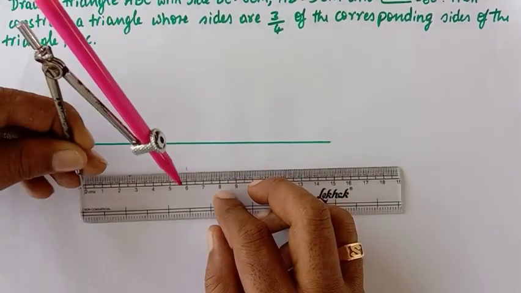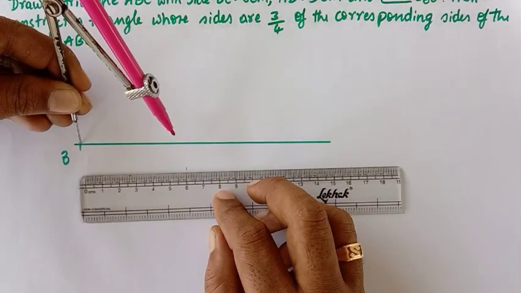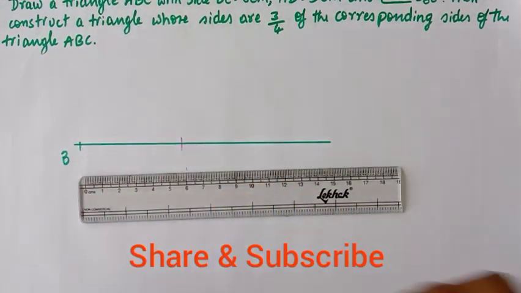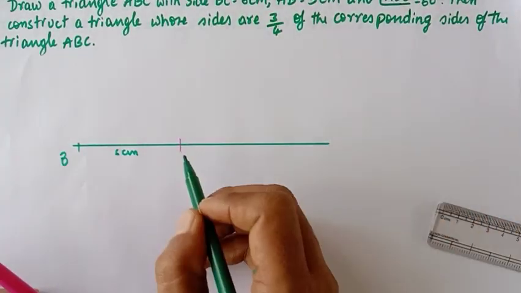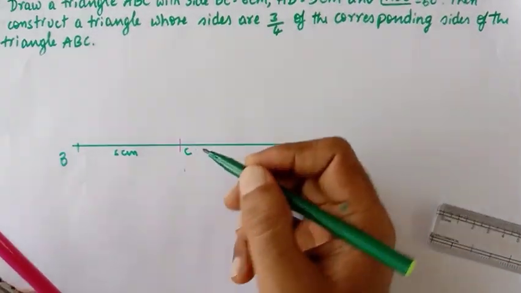It is here 6 cm. You can check it here, 6 cm. So I am drawing here a 6 cm arc, and I am writing here 6 cm, and this point is called C, as BC is 6 cm.